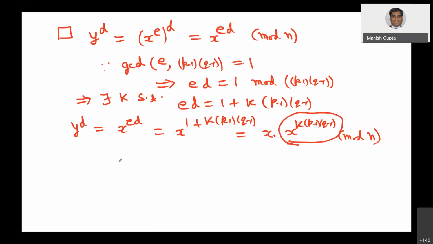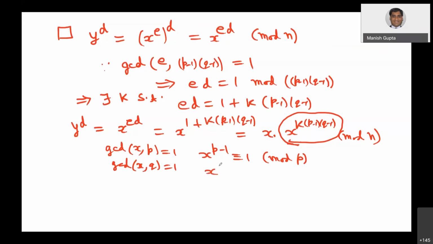Okay. So now again I am using Fermat's Little theorem. Since GCD of X and P is 1, we know that X raised to power P minus 1 is congruent to 1 mod P, right? Similarly, GCD of X and Q is 1, P and Q are primes, you remember, then X raised to power Q minus 1 is congruent to 1 mod Q, right?